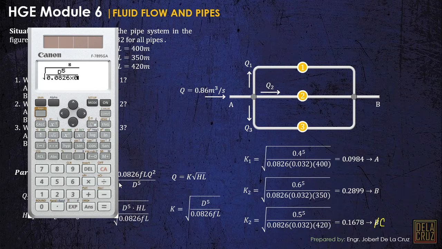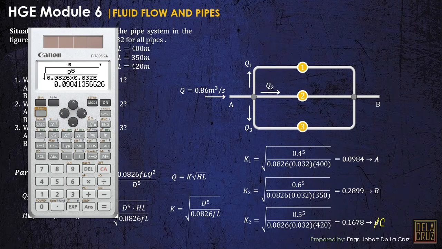We have here 0.032. Then, yung L natin, let's say ang L is naka E. Pwedeng ganito. Yung diameter for K1, yung diameter for pipe 1, we have here 0.4. Yung length for pipe 1 is 400. Alright, so this is the value. Okay, store ko siya kay A.